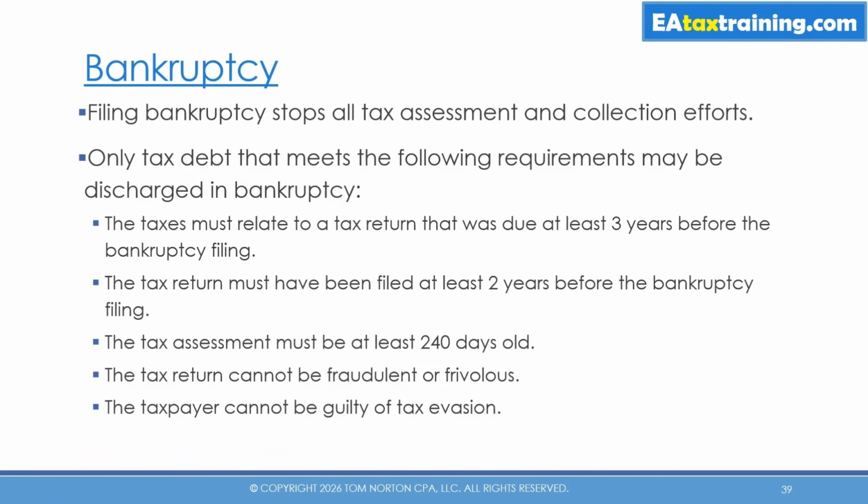So if they file bankruptcy in March of 2025, that is less than 3 years from when the 2021 tax return was due. So you would not be able to discharge a debt from a 2021 tax return for that March of 2025 bankruptcy. So it'd have to be 2020 or prior.